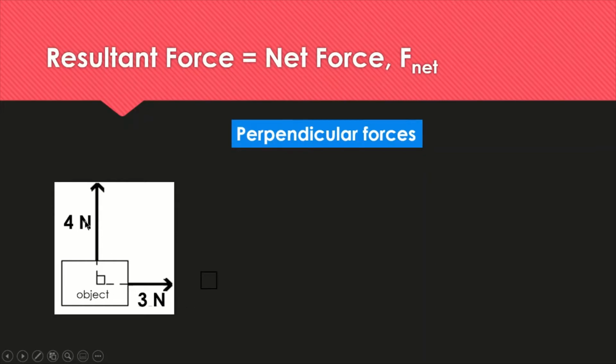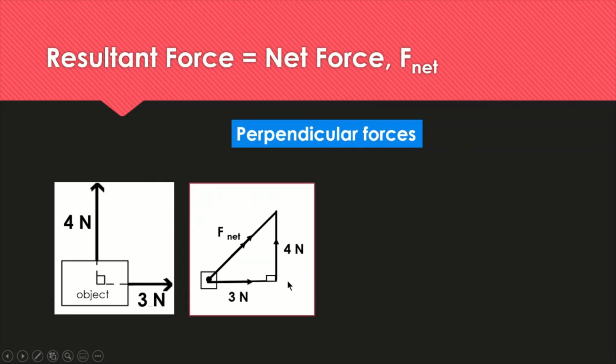These two forces acting on the object can be taken as one force acting on it, followed by another force. We push the object with 3 Newton first, then followed by 4 Newton. It's equivalent to these two forces acting on it at the same time. So we push the object to the right with 3 Newton, followed by 4 Newton upwards.